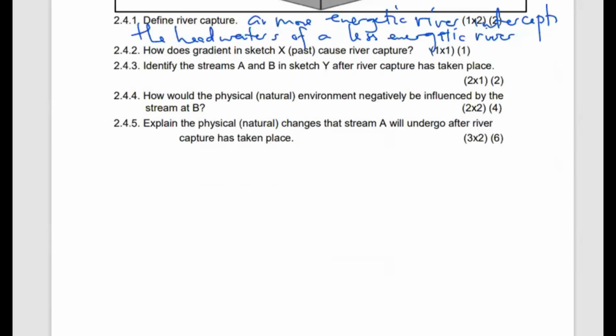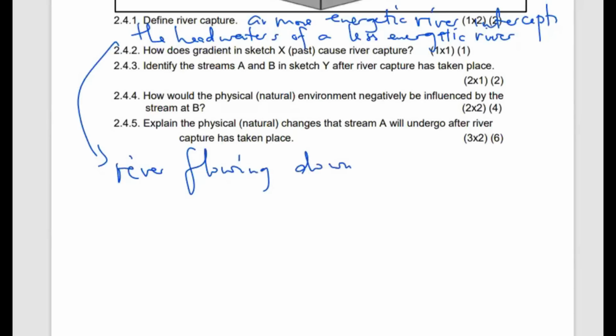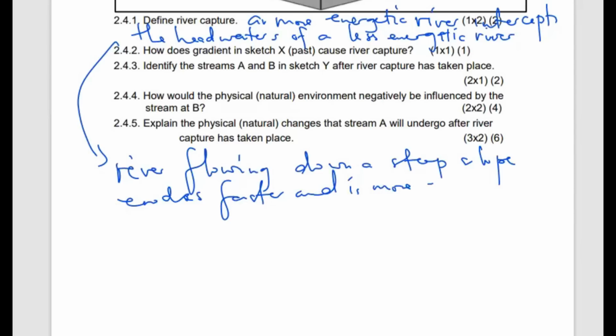For stream piracy to happen effectively, we are saying a river flowing down a steep slope erodes faster and is more energetic.